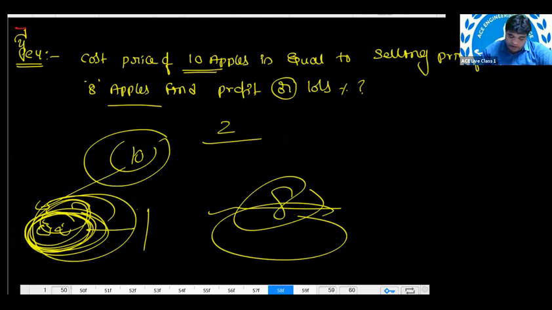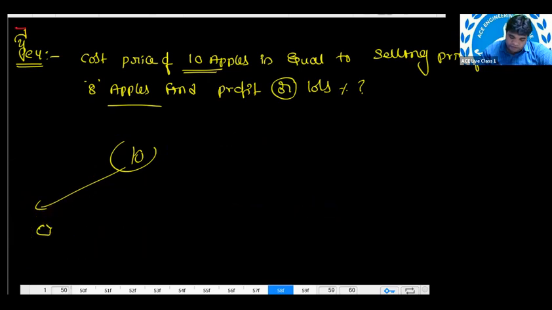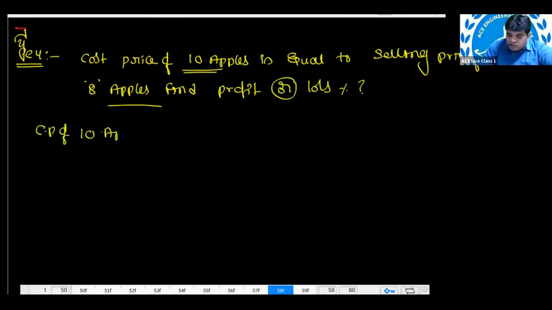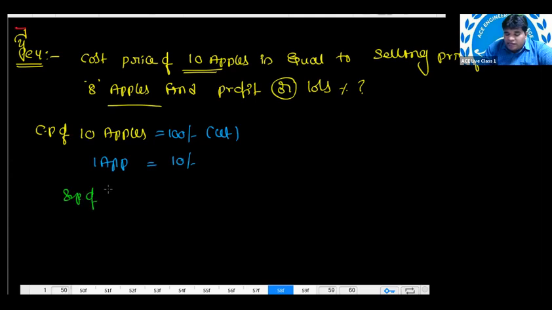But maximum people get confused in this method. Another method. Cost price of 10 apples is equal to 100 rupees. Let 1 apple cost price be 10 rupees.